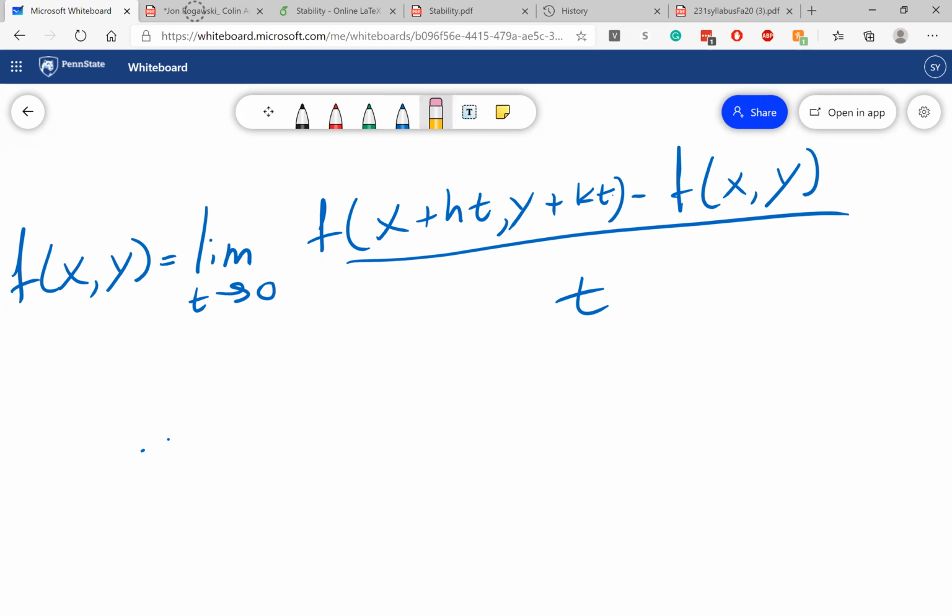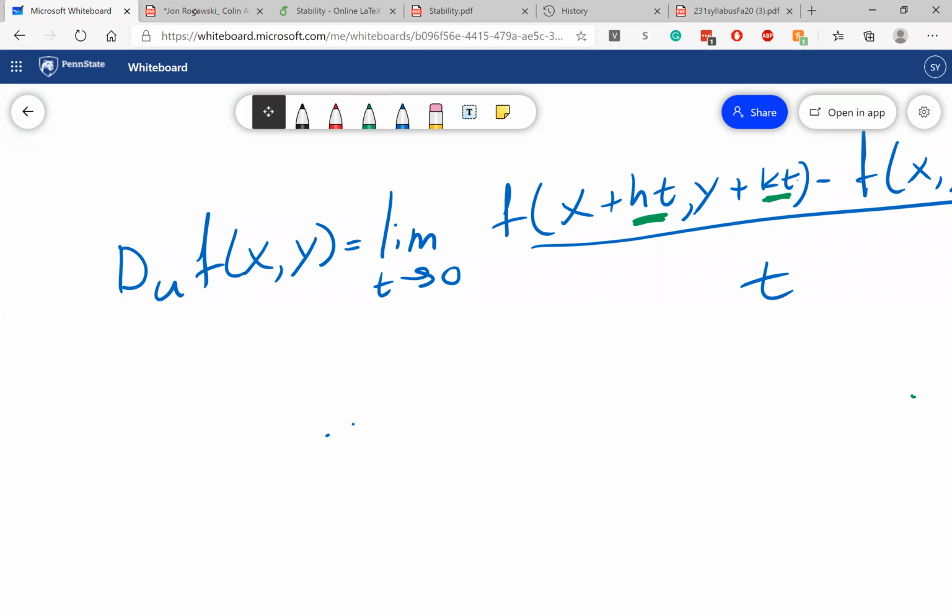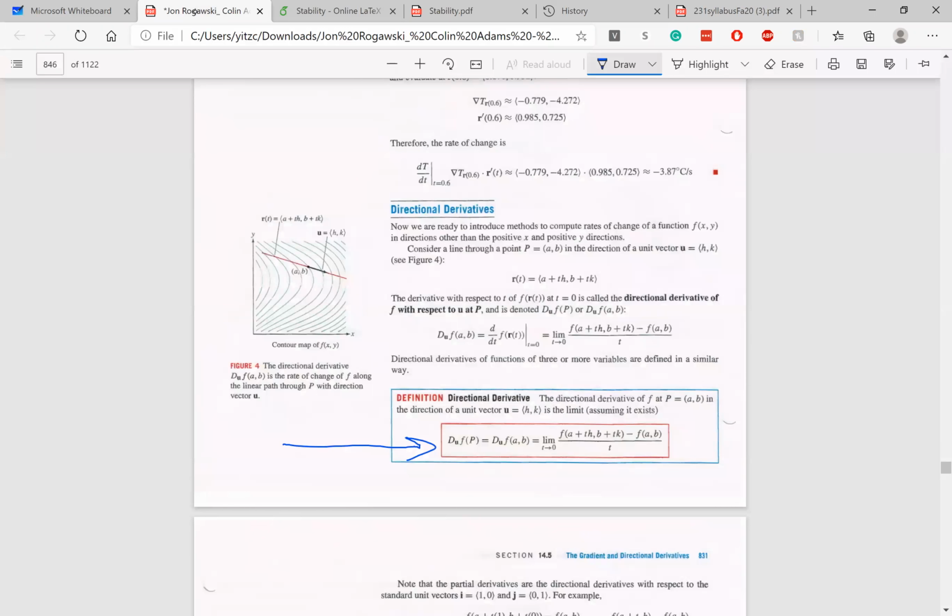So we see that we're not only varying the x direction, we're also varying the y direction by some proportion k and h, and we want to know what this thing is. Okay, so that's the definition.